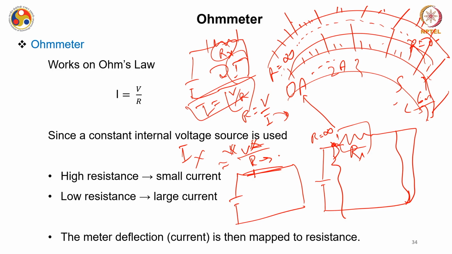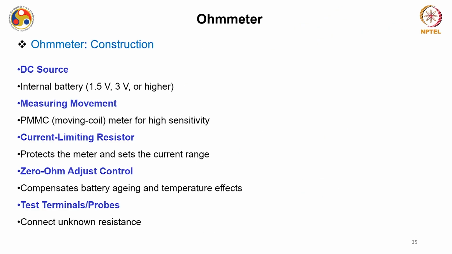Of course it's a relative discussion. So you have this Ix as very high. Now the meter deflection, which is basically because of the current, is then mapped to the resistance, very similar to what we have seen.